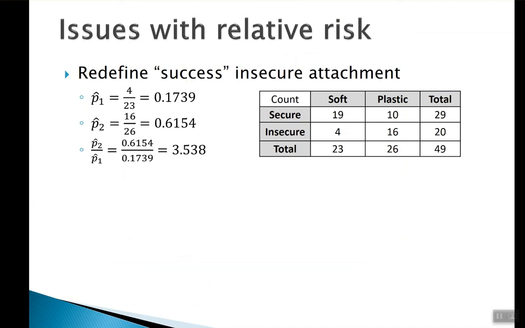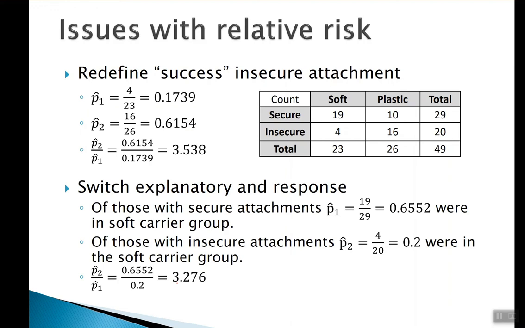So in the soft group, here's our proportion, in the plastic group, here's our proportion, and we calculated the relative risk, and we got 3.538. So that's a bigger number. That makes it look like we have a stronger association now than we had before. But of course that makes no sense. The data hasn't changed, so the strength of the association hasn't changed.